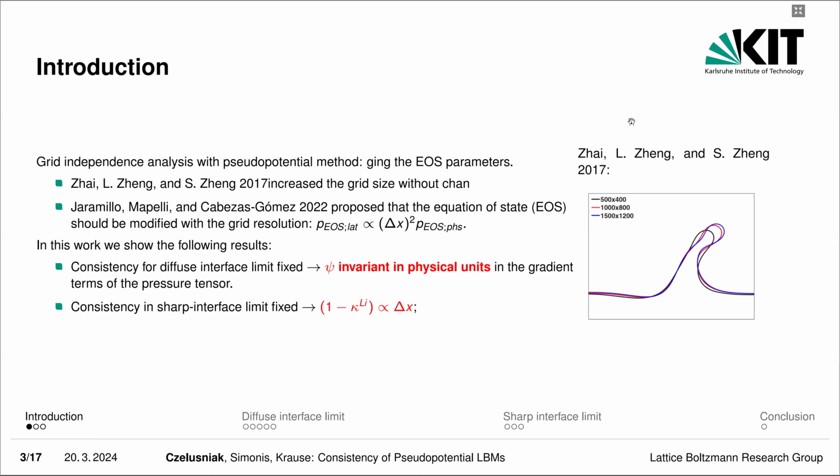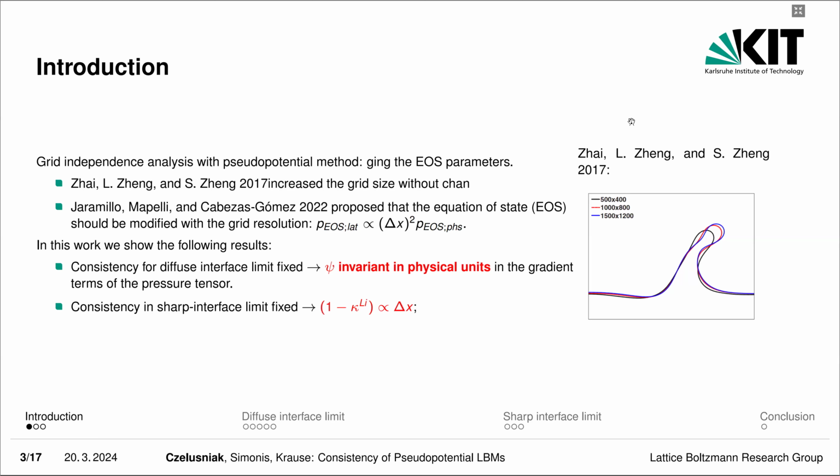You define the important dimensionless numbers, increase the grid, and then adjust the other parameters to maintain the same numbers. But most of the time, people were doing that while maintaining the same equation of state. Then Alfredo Jaramillo and co-authors argued that this procedure was wrong. They did a boiling simulation with this kind of resolution increase, and showed that you get completely different boiling behavior.